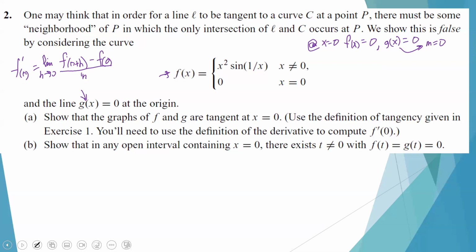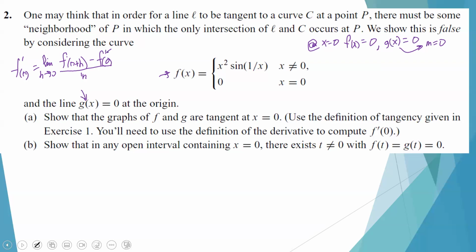Well, let's consider what this says. We know the value of f of 0. It's 0. So this piece is 0. 0 plus h is just f of h.